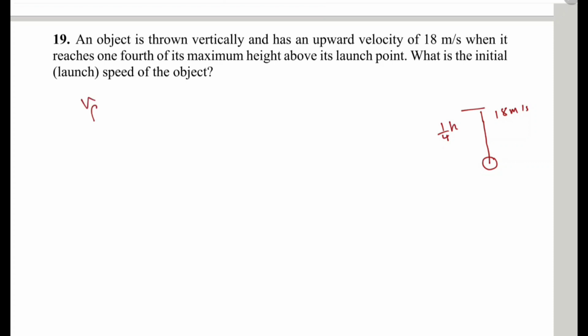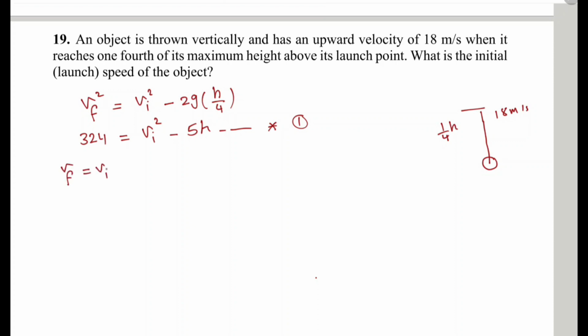So v final, again equations of motion, equal to v initial square minus 2g h over 4. So 18 square, 324, equal to the initial square, which is unknown here, minus 5h. Now let's keep this equation here. Now v final equal to v initial minus gt, and in this case t equal to v initial over 10.